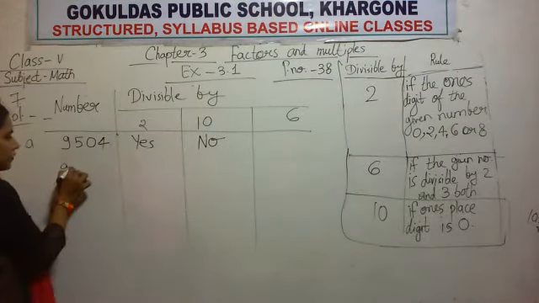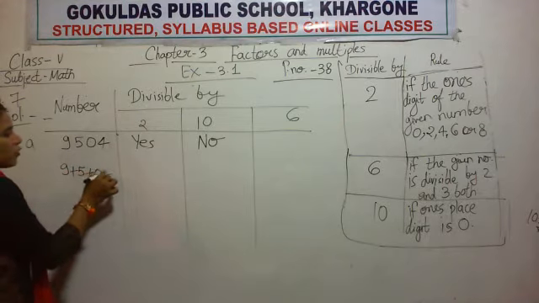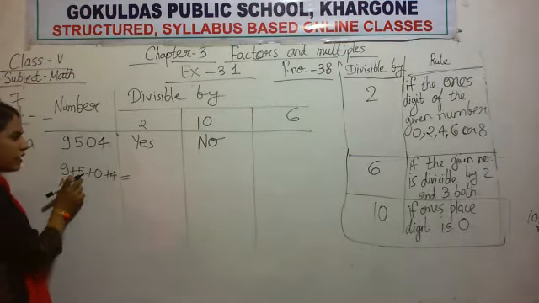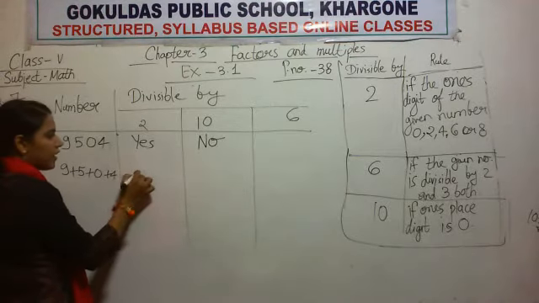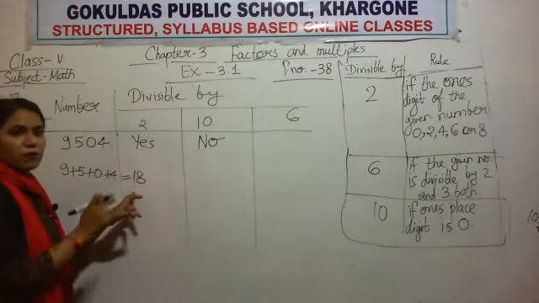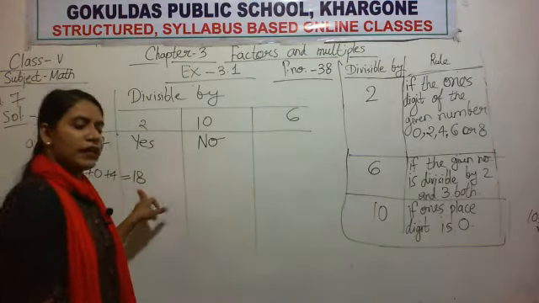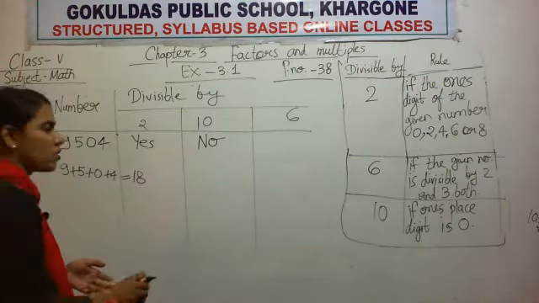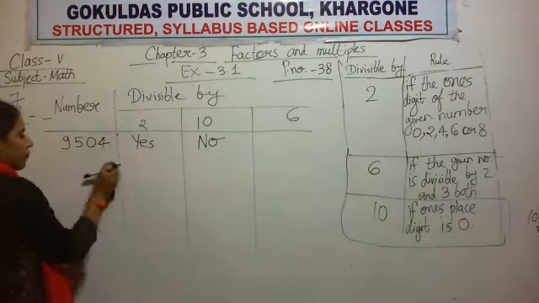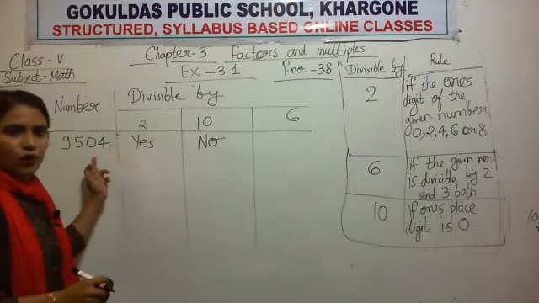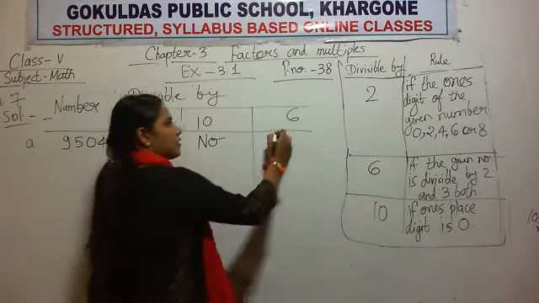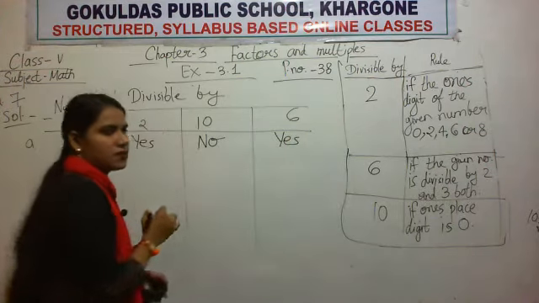So 9 plus 5 plus 0 plus 4. 9 plus 5 is 14, 14 plus 4 is 18. 18 is a multiple of 3, so this whole number is divisible by 3 also. This number is divisible by 2 and by 3, so yes, it is divisible by 6.